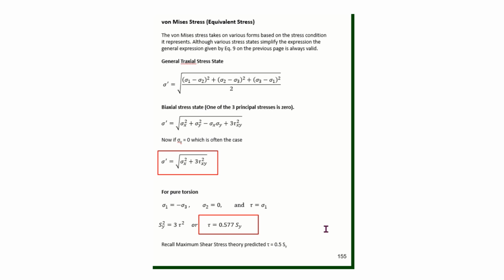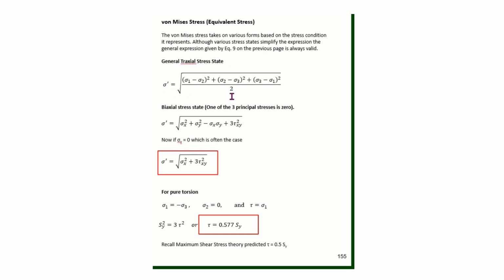The von Mises stress equation, or the distortional energy failure theory, takes on many forms that are convenient for particular situations. This general form right here works for any stress state.